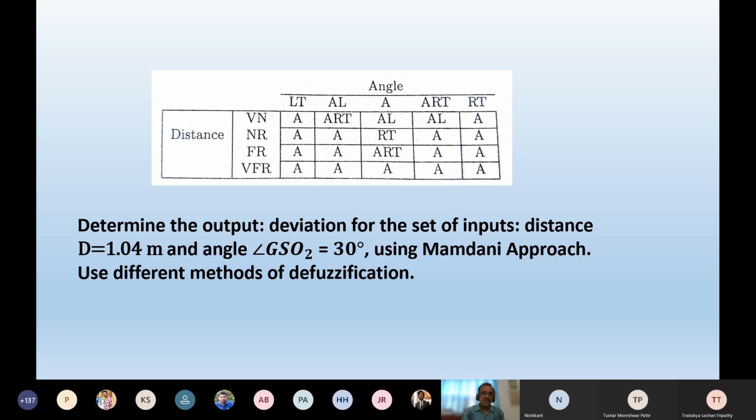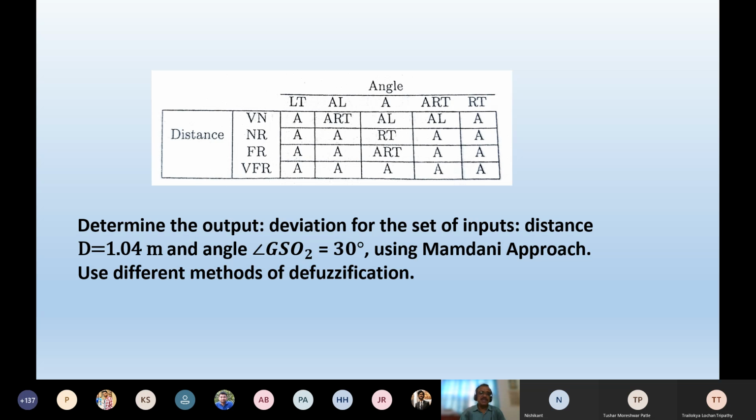Use the Mamdani approach to determine the output, that is, the deviation angle. Use different methods of defuzzification. So all three methods of defuzzification I am going to use to determine the numerical value corresponding to the output of this particular fuzzy reasoning tool.